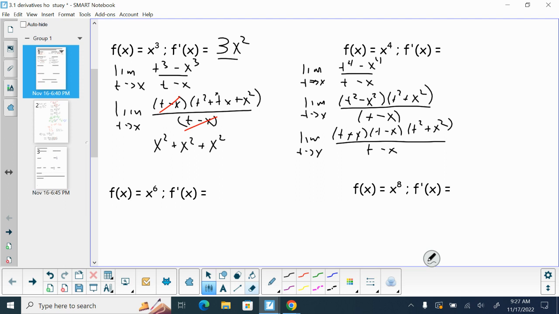Substituting x in for t, we have x plus x, and we have x squared plus x squared. So x plus x gives us 2x, and x squared plus x squared gives us 2x squared. Multiplying them together, we get a value of 4x cubed.